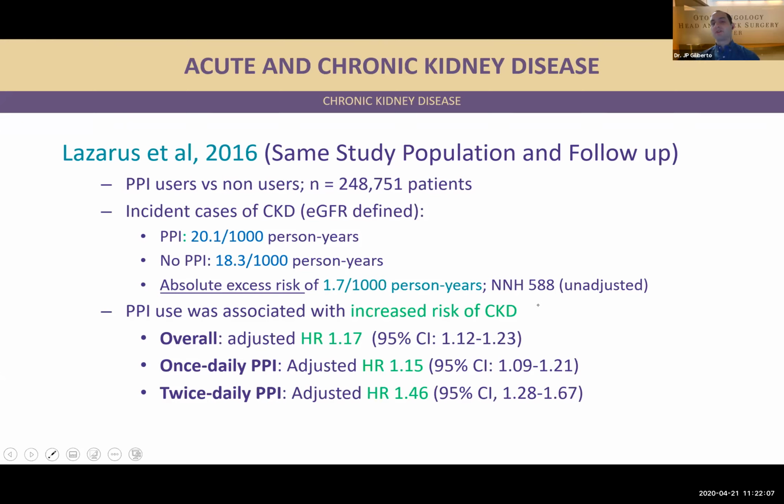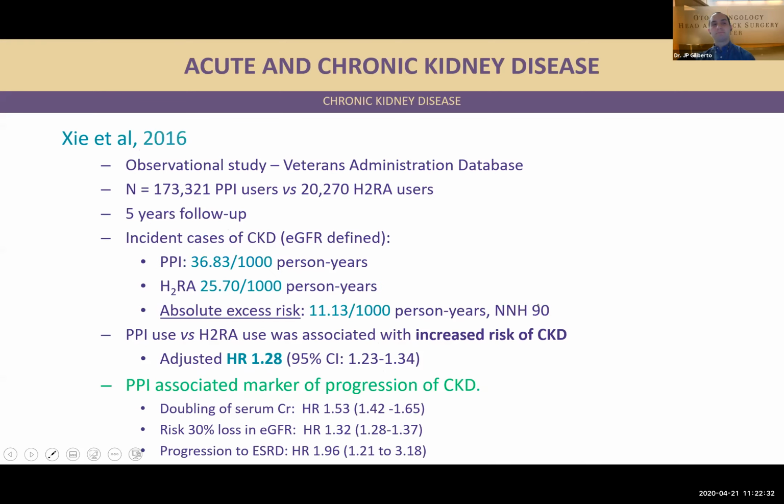So basically your number needed to harm is just the inverse of your absolute excess risk. So it gives you a sense of how much the burden of prescribing that medication leads to an absolute risk as opposed to a relative risk, which we're going to spend some time at the later end of the lecture talking about how we convey this difference to patients when we're talking to them.